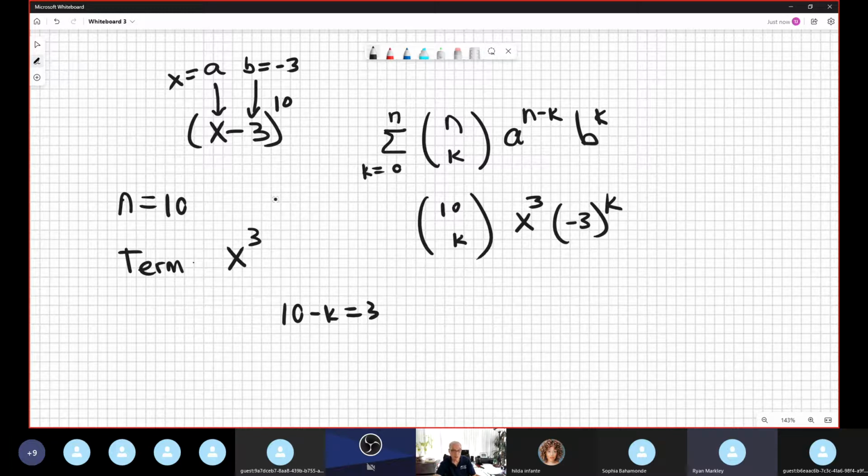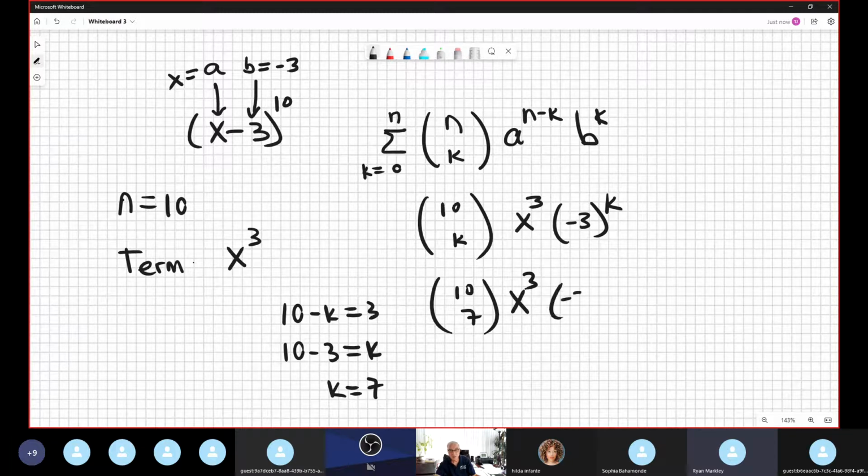But I can find it now. 10 minus 3 is equal to k. It's an elementary kindergarten equation, and k is 7. So basically I come back to the expression: combinatory number 10, 7, x to the cubic power, and negative 3 raised to the 7 power.